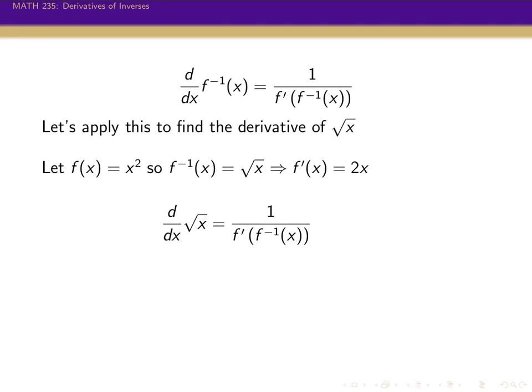And so we get that the derivative of square root of x is going to be equal to 1 over our derivative, which is 2x, with f inverse plugged in. And plugging that all in, we get 1 over 2 times the square root of x. Right? So again, our f inverse is square root, and so that's getting plugged in, and the derivative of the outside is 2x, and so we're going to be multiplied by 2 down there in the denominator.